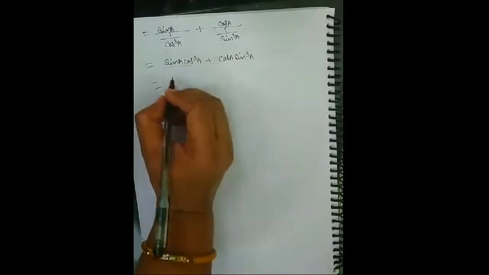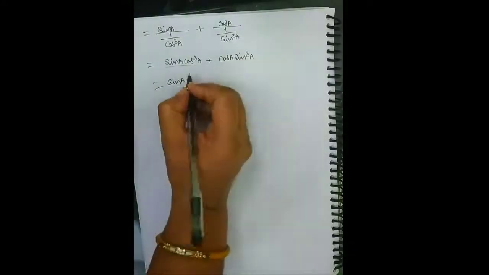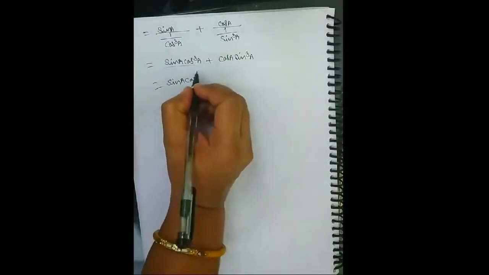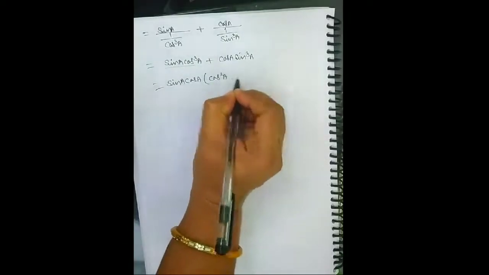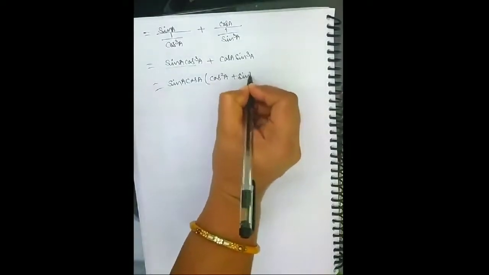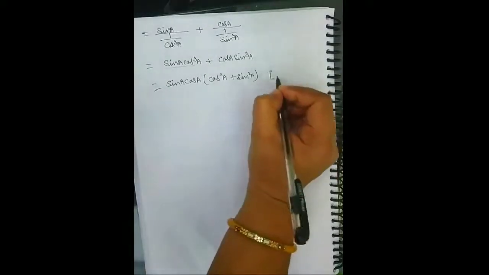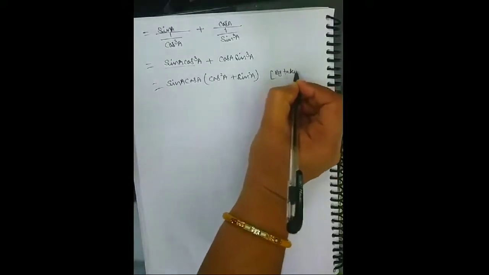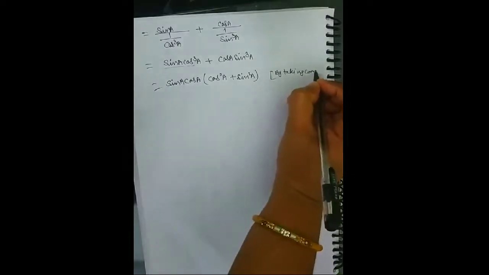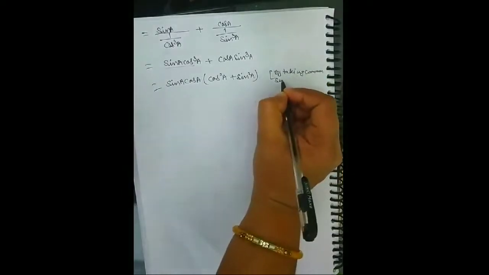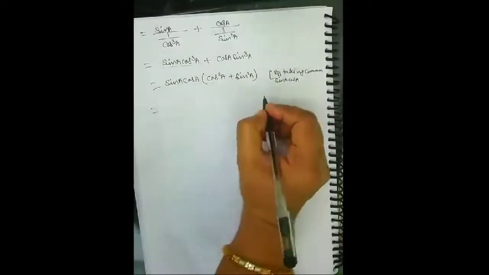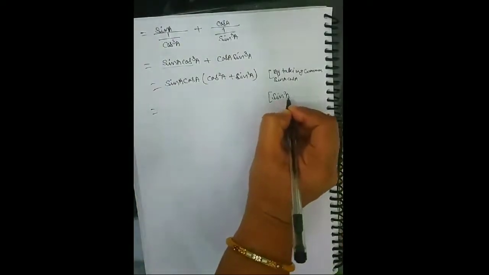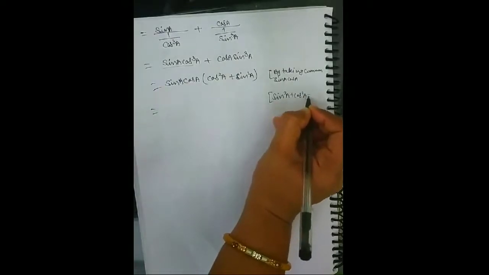यहाँ हम दोनों टर्म में से sin A into cos A कॉमन लेंगे. So we get sin A into cos A, by taking common sin A into cos A, times cos square A plus sin square A. यहाँ फॉर्मूला यूज करेंगे sin स्क्वायर A प्लस cos स्क्वायर A इक्वल टू 1.